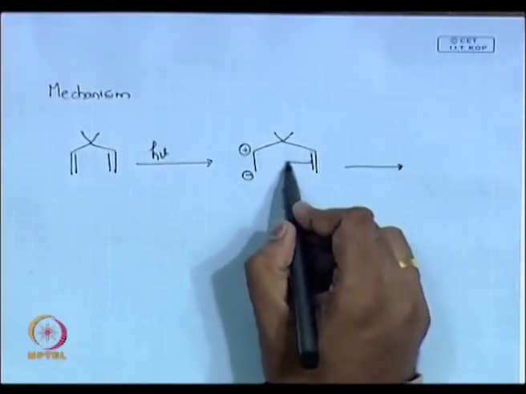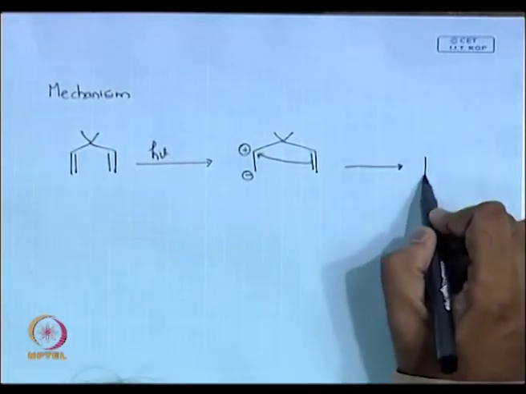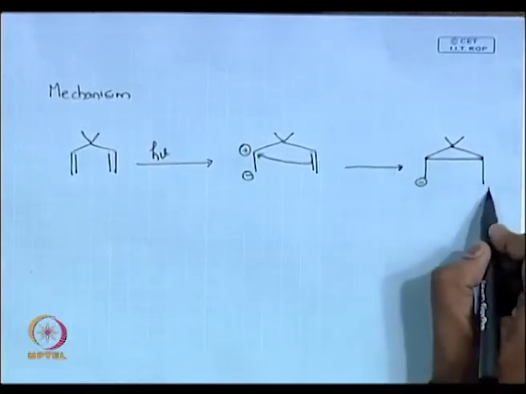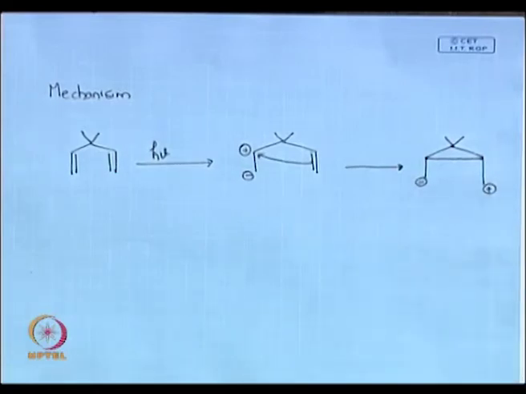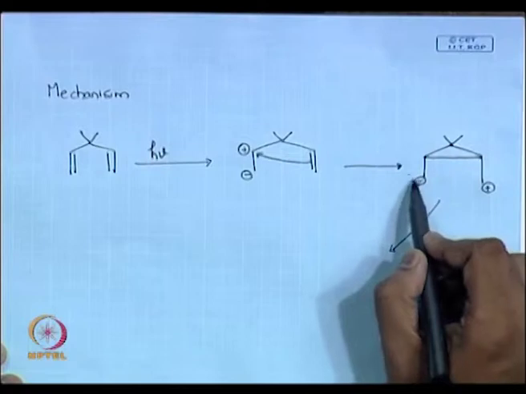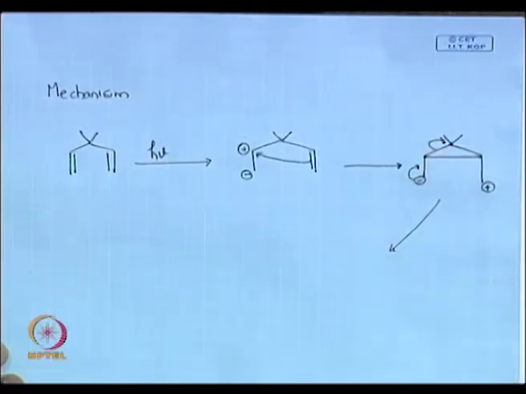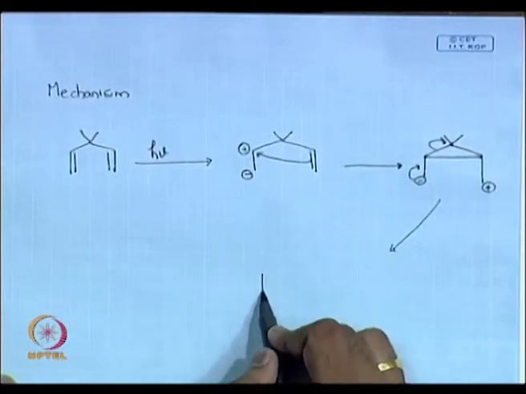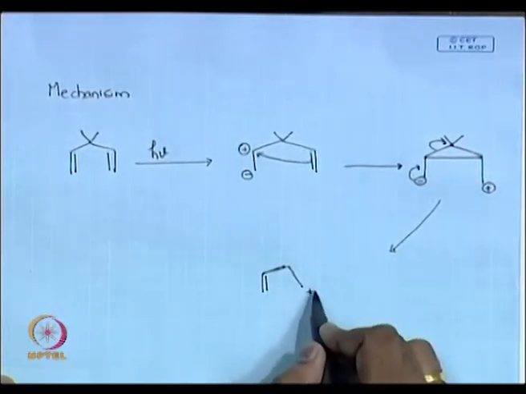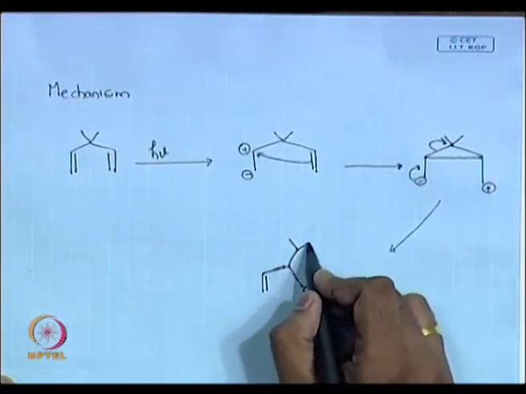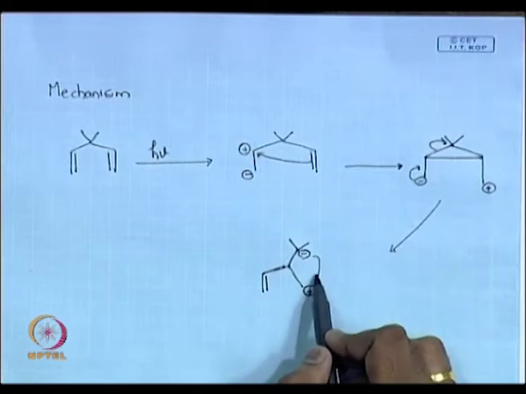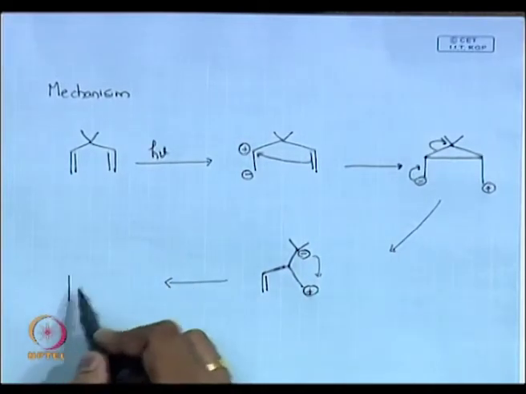Then I can push this across, get this one, then move this system like this, and then you can have your cyclization.